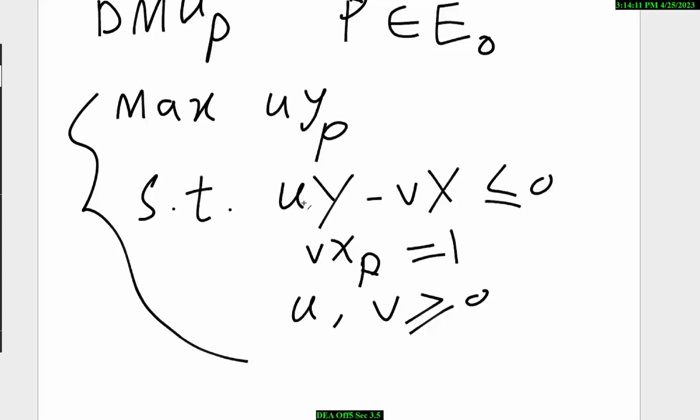Indeed, we should show the optimal function value is equal to 1, the solution is feasible and the weights are strictly positive.